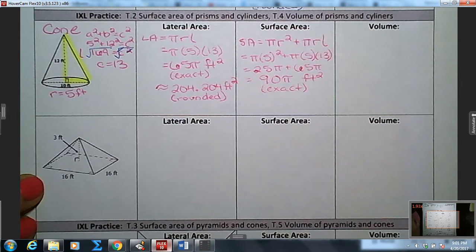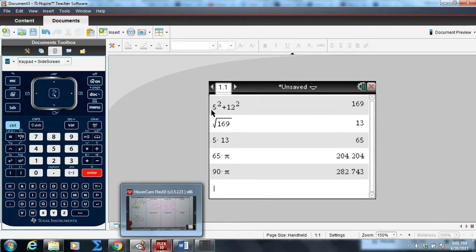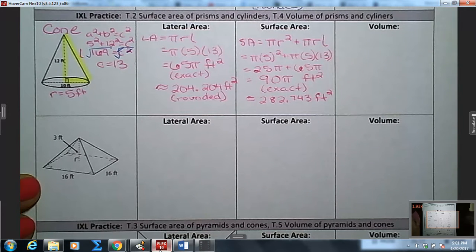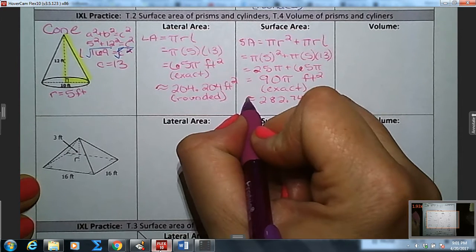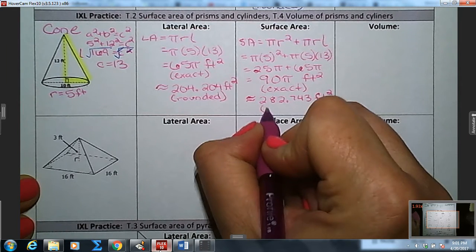In order to find the rounded value, I'll need some help from my calculator. 90 times pi is approximately 282.743, still measuring in square footage since we're still talking about the area. That's our rounded answer.